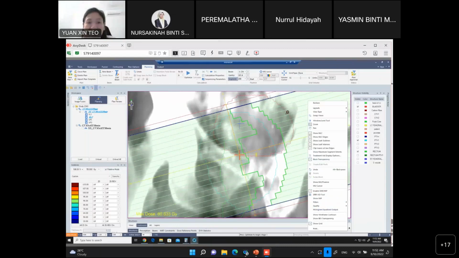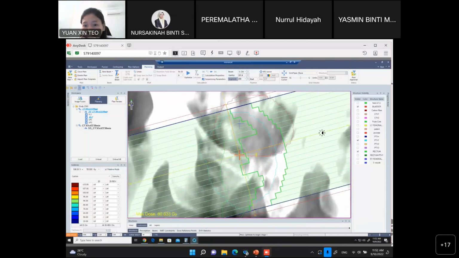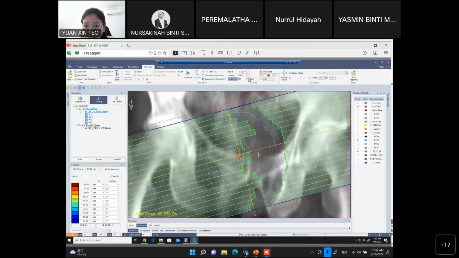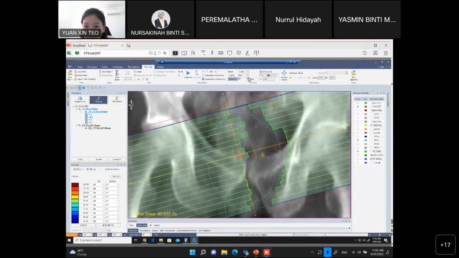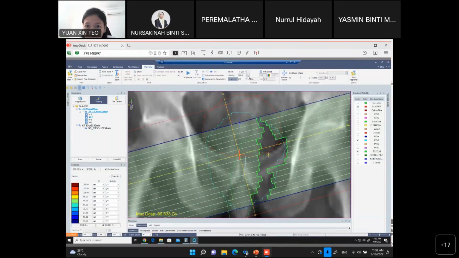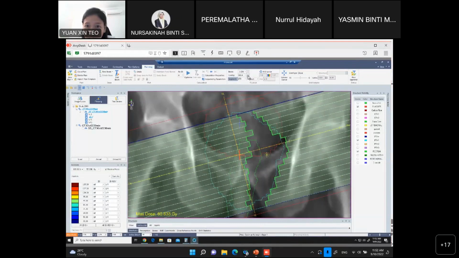Let me adjust the contrast a bit. Okay, now you can see better. So you can see the MLC is different when the gantry angle is different.